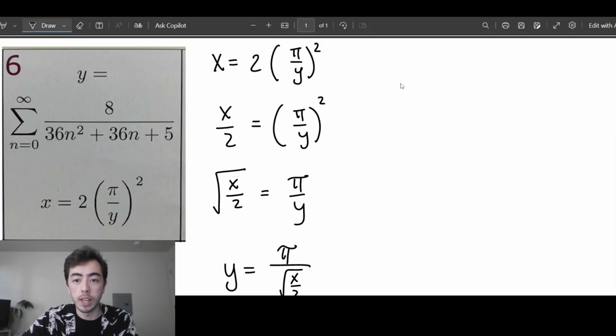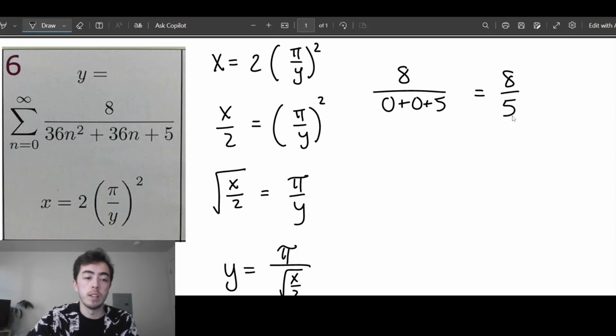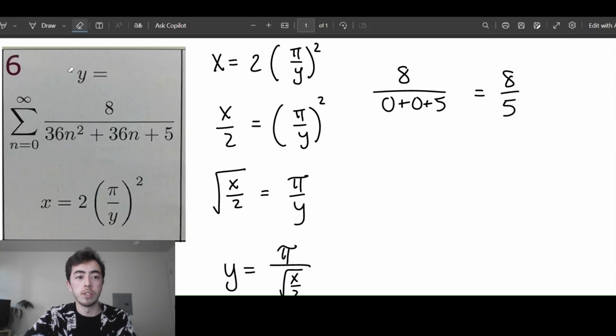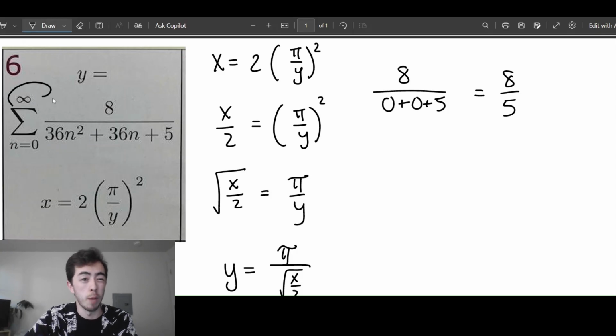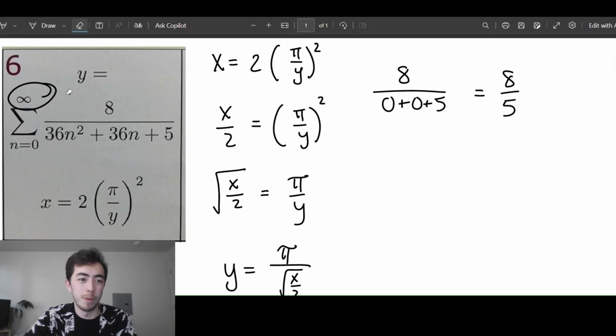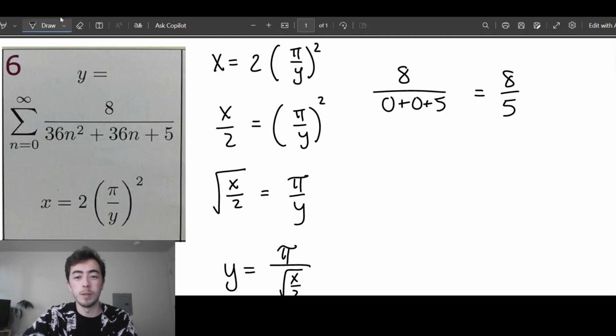And so we would get 8 over 0 plus 5, which is just 8/5. And then you would add the next term once you plug in a 1 in all the spots where you see an n. And you're just going to do this process up until you hit the top number. But the top number here is infinity. So this is an infinite sum. We're going to have infinite terms. There's no way for us to just add them all up one by one because it would last forever.